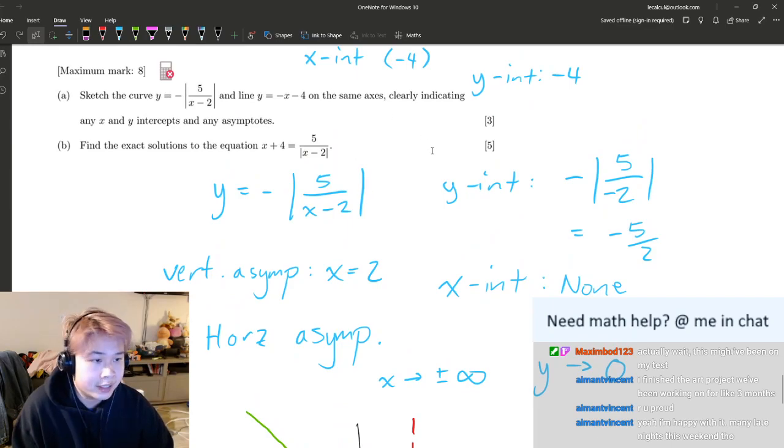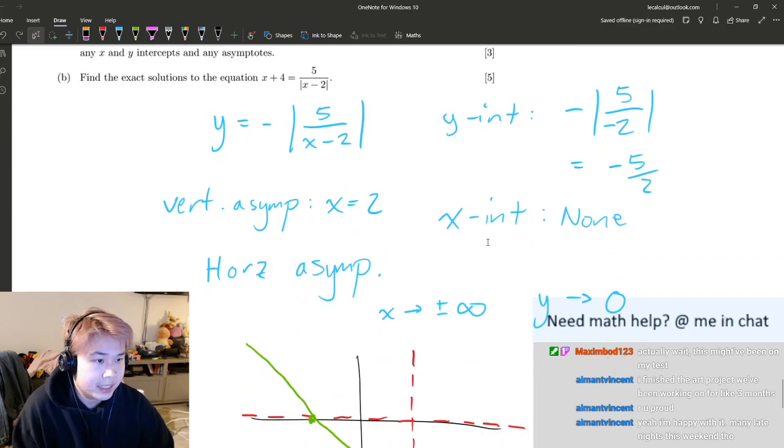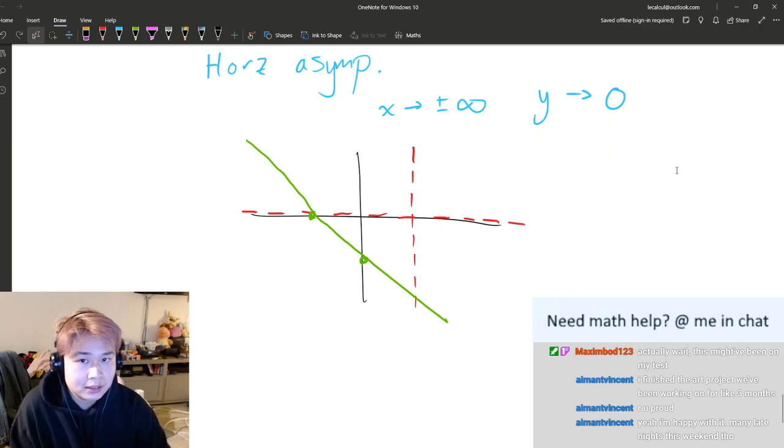So that will go like this. And then for our other equation, the absolute value, my only real coordinate is the y-intercept, -5/2. Let's see, 5/2 is what, 2.5? So like right here.